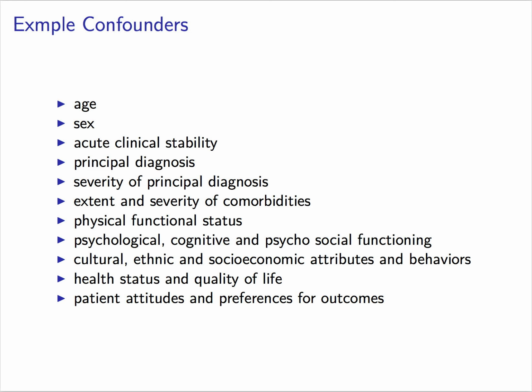There are lots of different predictor variables that we could consider as potential confounders. And this here is a list of predictors from Frank Harrell that will rarely all be needed for any one study, but you probably want to at least consider most of these when planning new studies.